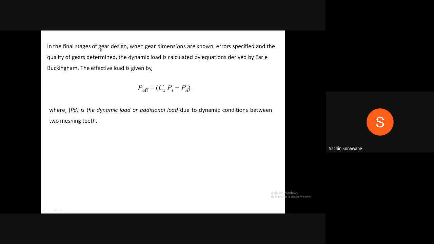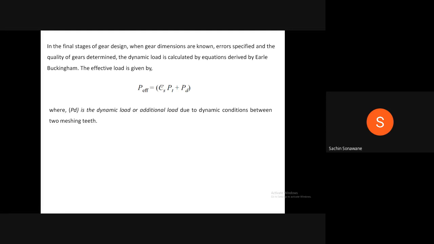In the final stages of gear design, when gear dimensions are known, errors specified, and the quality of gears determined, the dynamic load is calculated by equations derived by Earle Buckingham. The effective load is given by P effective is equal to Cs Pt plus Pd. Here we know the dimensions of gears.